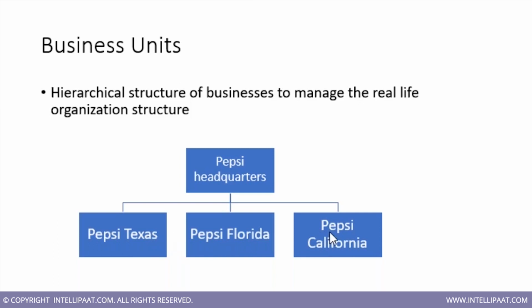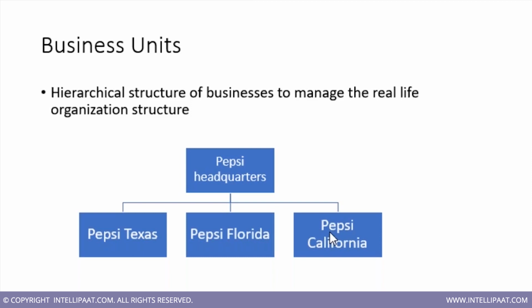The reason is, for example, Pepsi Texas, Pepsi Florida and Pepsi California. These three are all different organizations within the Pepsi ecosystem. They function differently, so their business units, or let's say their Salesforce orgs, are totally different. Effectively, I have three instances of Salesforce Marketing Cloud: one for Pepsi Texas, one for Florida, one for California.